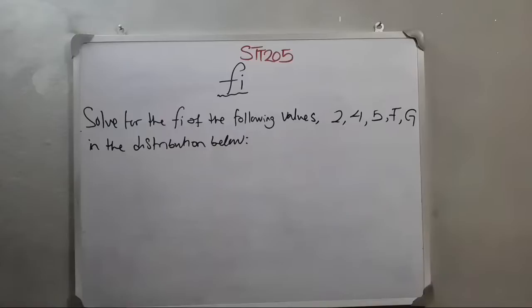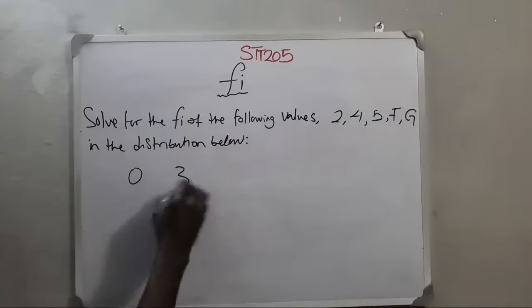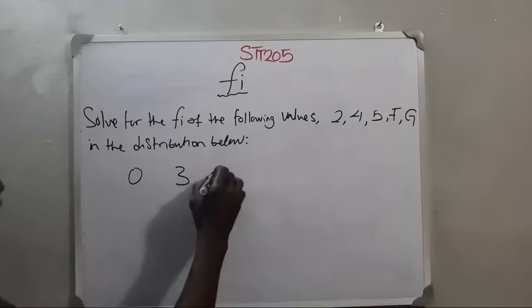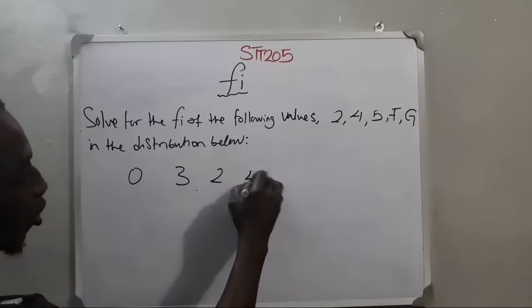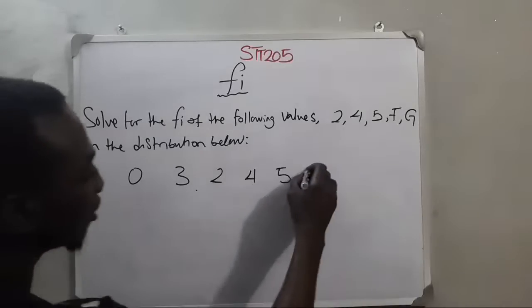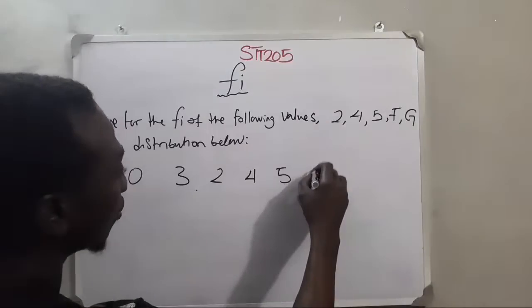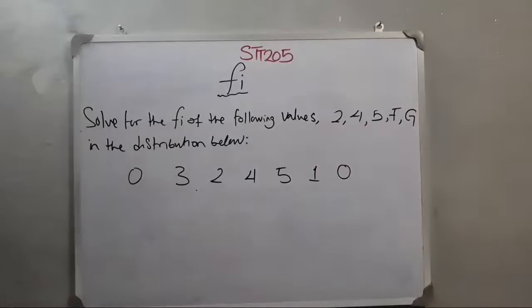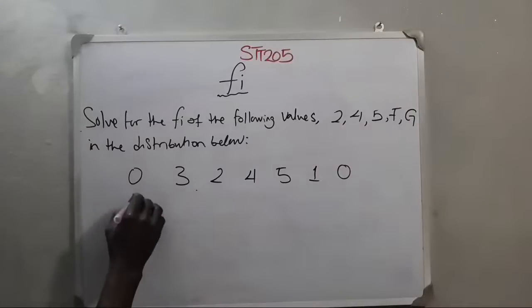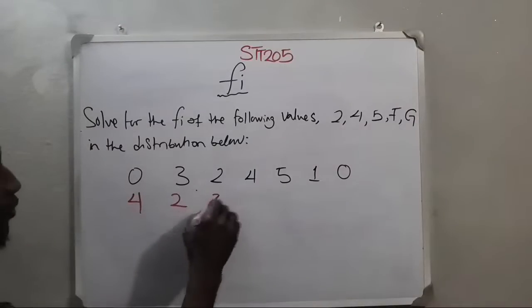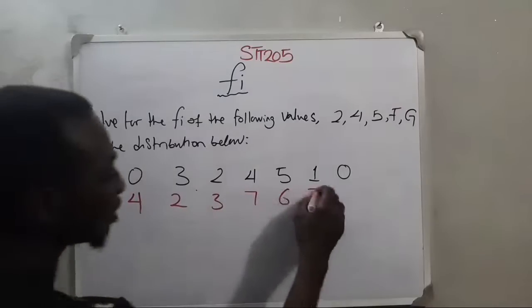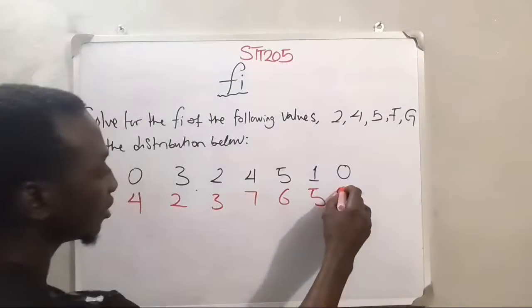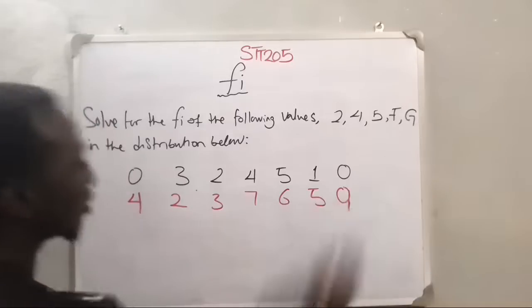So this is the distribution. We have 0, 3, 2, 4, 5, 1, 0, 4, 2, 3, 7, 6, 5, and 9.